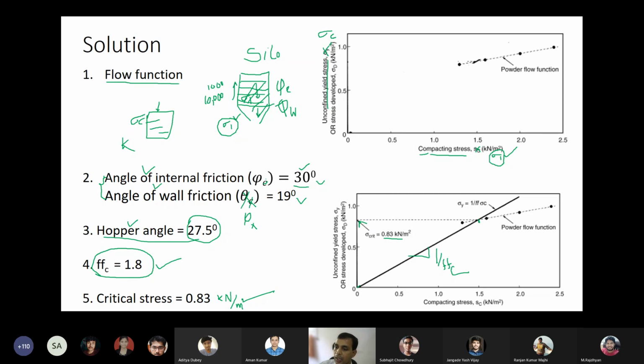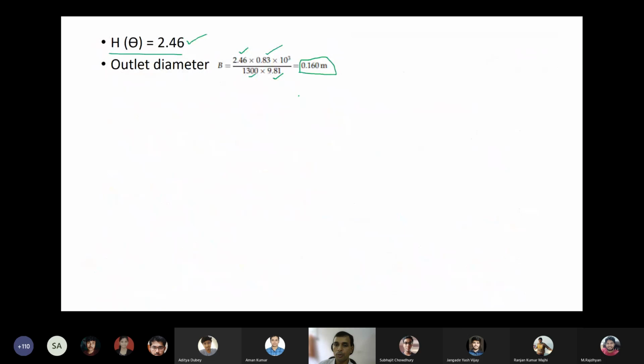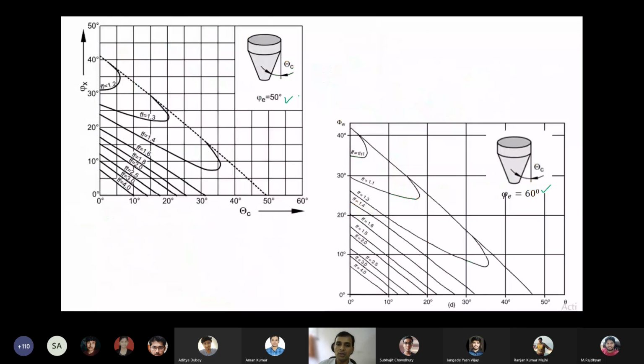It depends on other factors. So it's difficult to find all those. Rather, it's very easy to find these two because they don't vary. This is because they are powder flow properties. So Jenike has developed correlations based on the powder flow properties to estimate the FFC. Hence, we are using this.